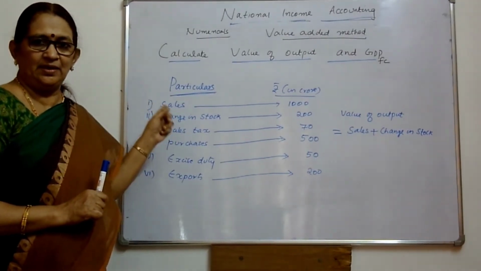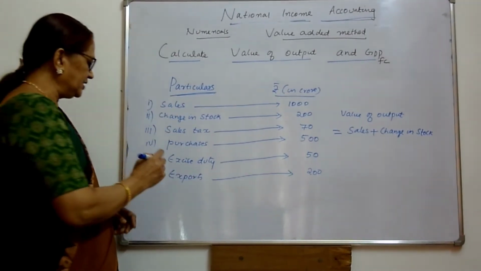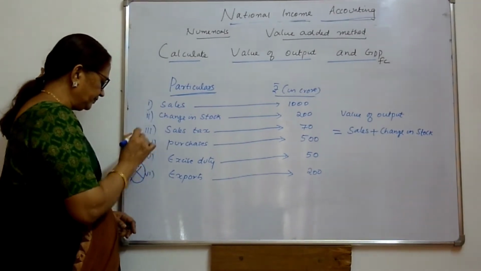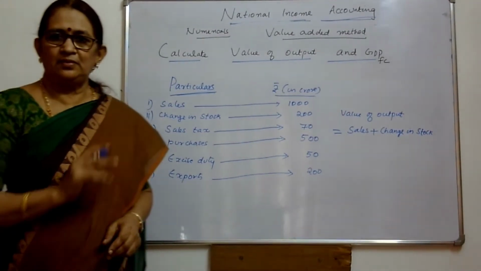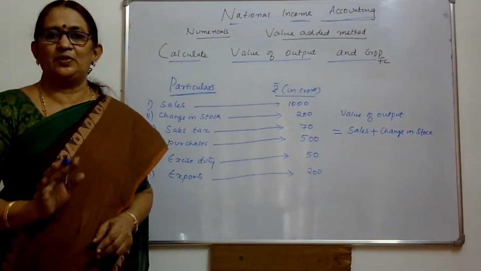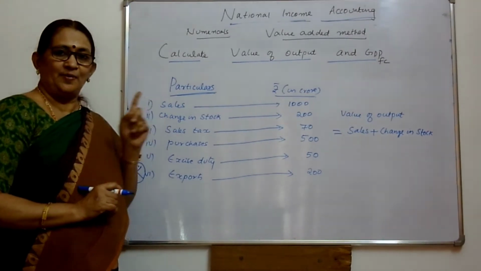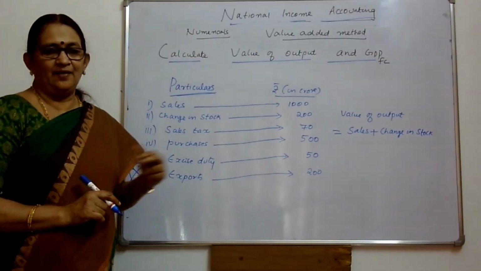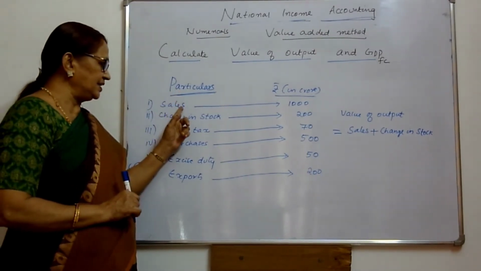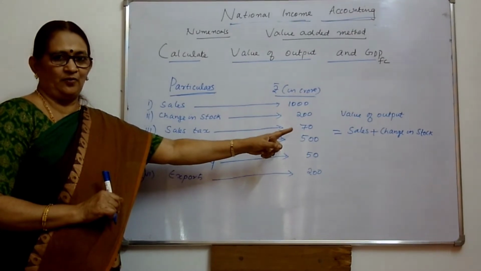Sales already includes domestic sale and export, so there is no need to take export here, because the sales term is given and its value is given together. Instead of sales, if domestic sales is given, we have to add export. But as sales is given, we can very easily calculate value of output.